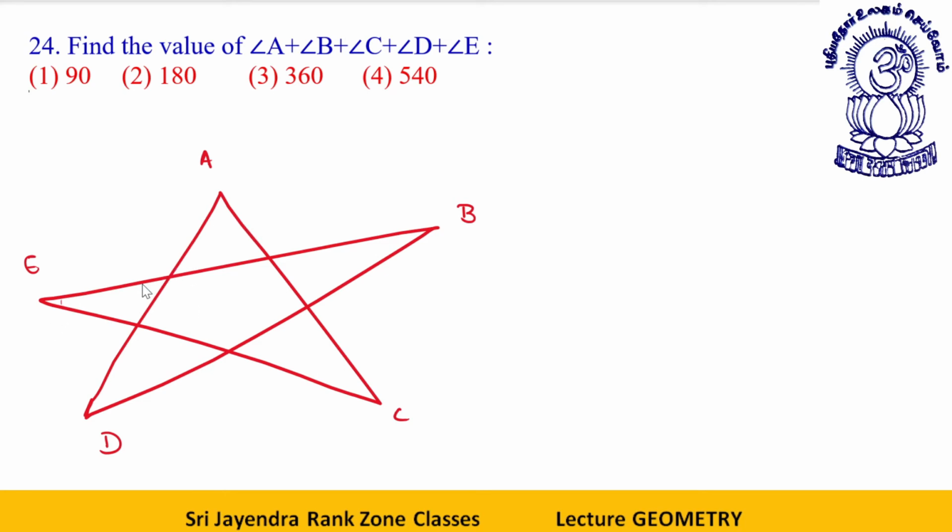This is E, this is D, this is C, this is B. Okay, let's talk about this angle. This is A. Suppose this angle is X, this angle is Y. Now, what is the value of A plus X plus Y? This is equal to 180 degree. Obviously clear to all of you. Then, what is this X?